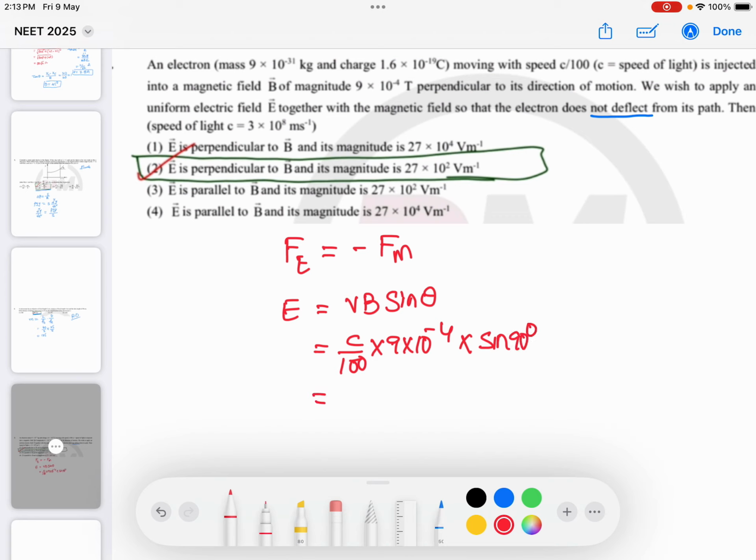Then you get the answer 27 into 10 power 2 volt per meter. So out of 4 options, 2 options exist, 27 into 10 power minus 2. So the electric field and magnetic field are always perpendicular, and also force is perpendicular to both electric and magnetic field. So option number 2 is exactly correct.